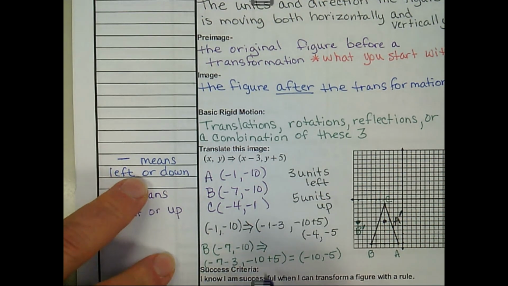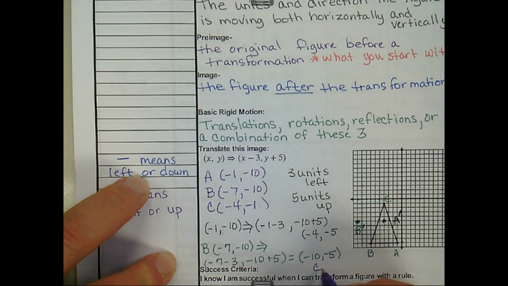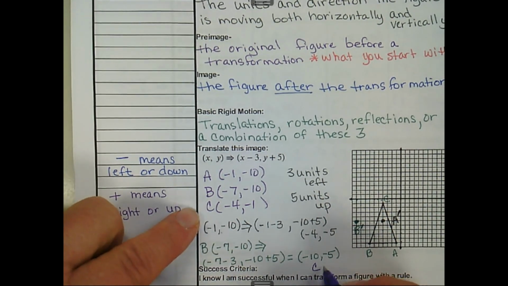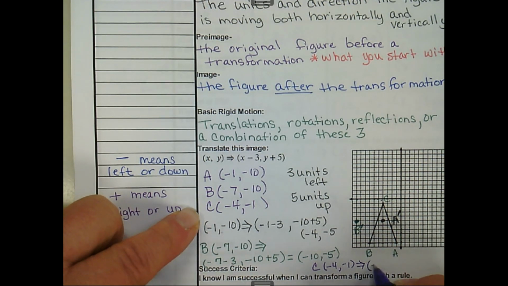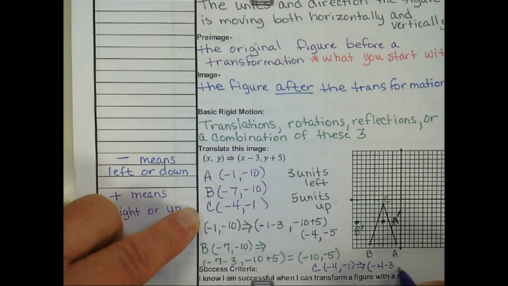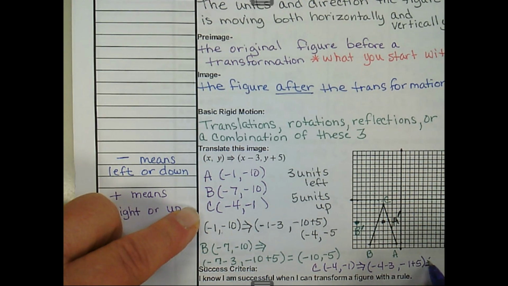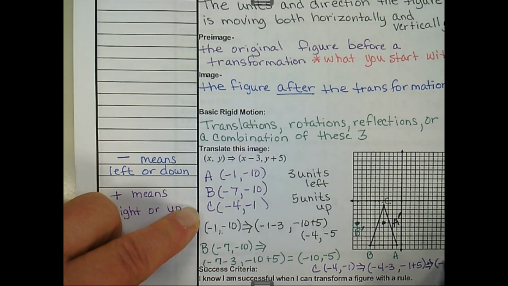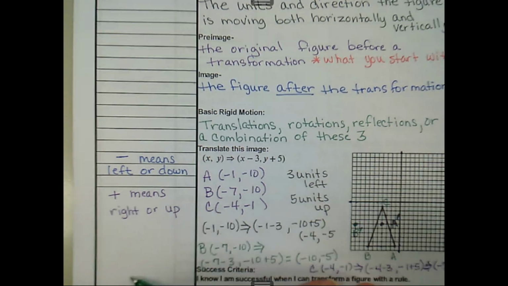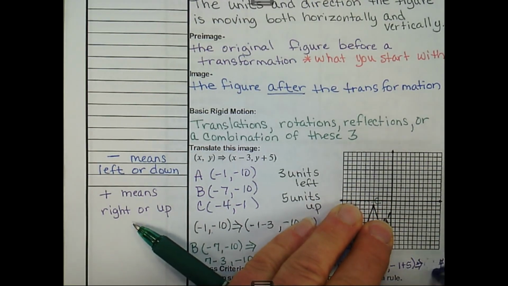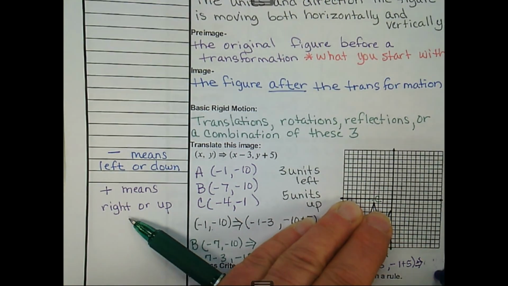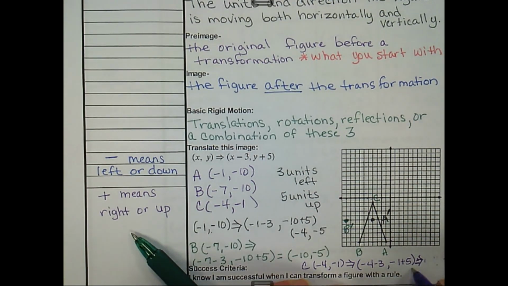Okay, and then finally for C, I'm taking the point -4, -1, I'm mapping it onto -4 minus 3, -1 plus 5, and that gives me the point -7, 4. -4 minus 3 is -7. -1 plus 5 is 4.